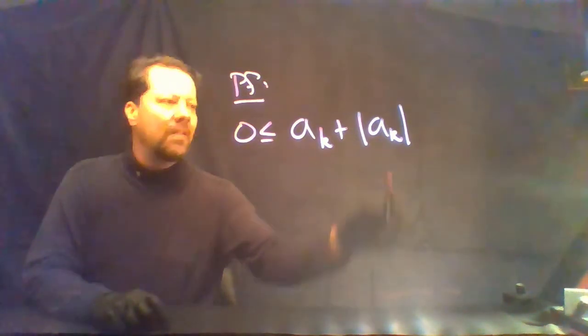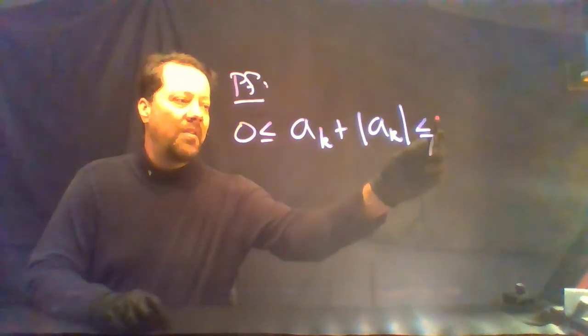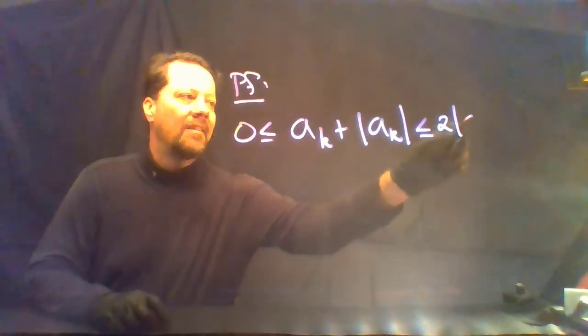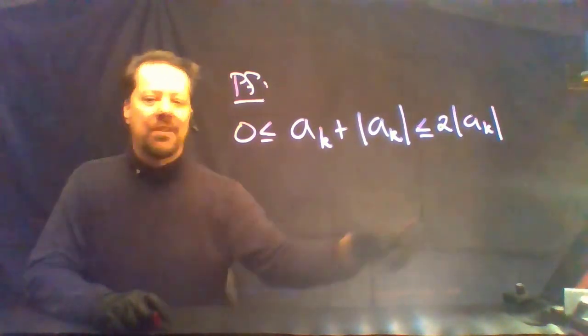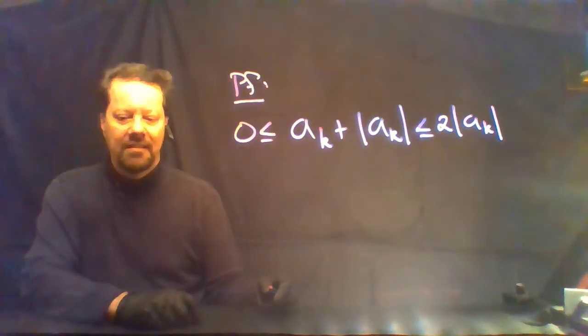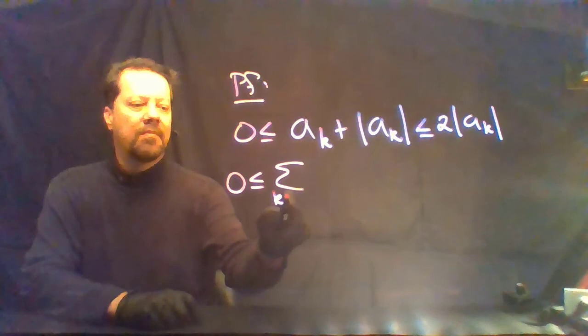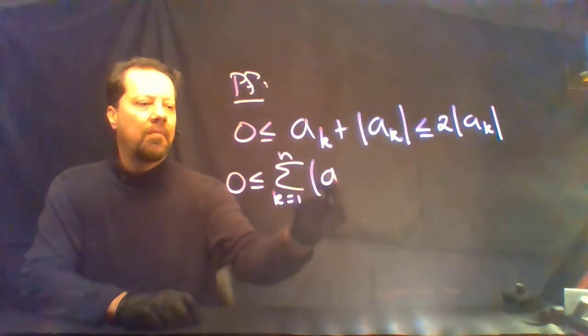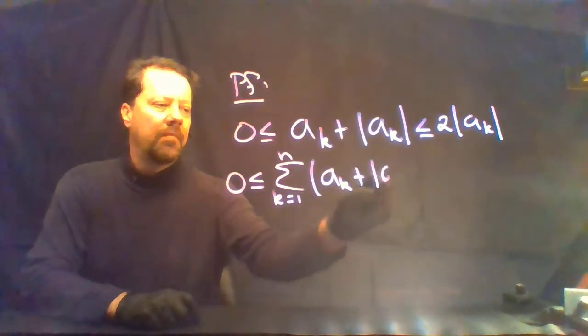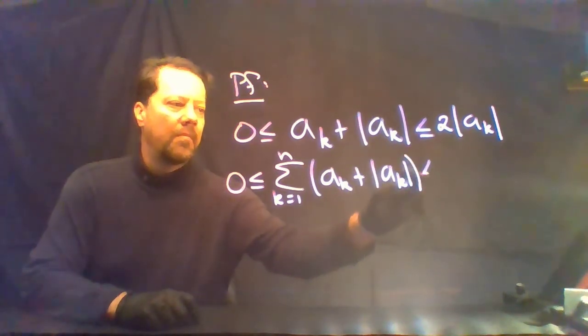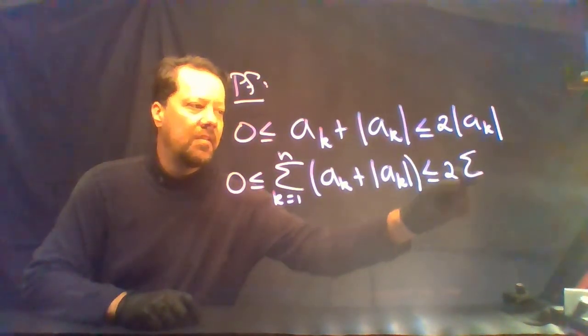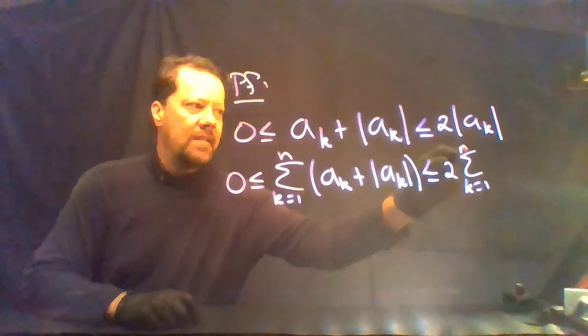What is more is that this is less than or equal to twice the absolute value of a_k. It follows that the partial sums satisfy this sequence of inequalities.